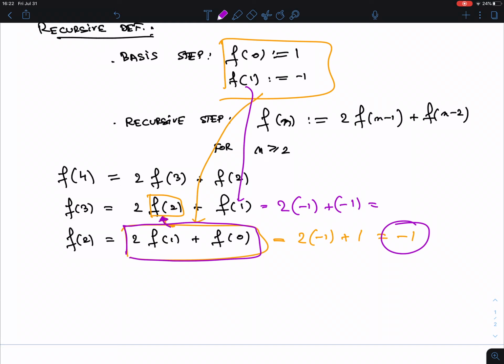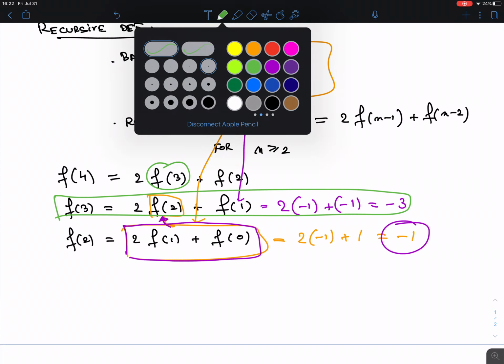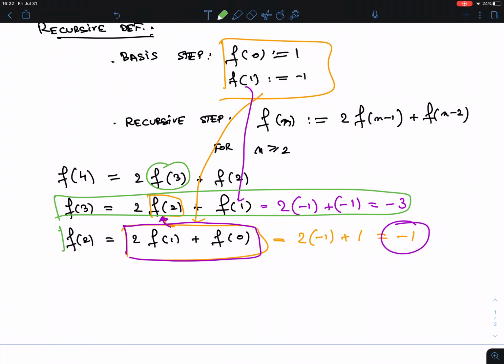So we get negative 2 plus negative 1, negative 3. This gives me F3. And what about F2? F2 I have, that was the purple guy. F2 is this guy. Hey, that's supposed to be purple.